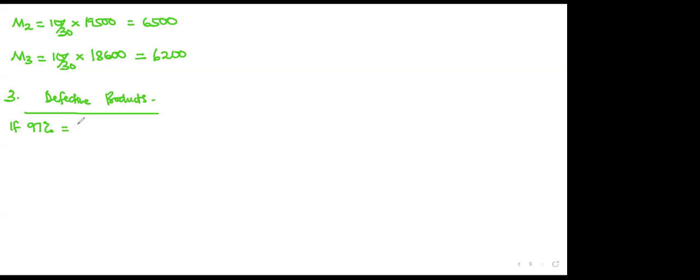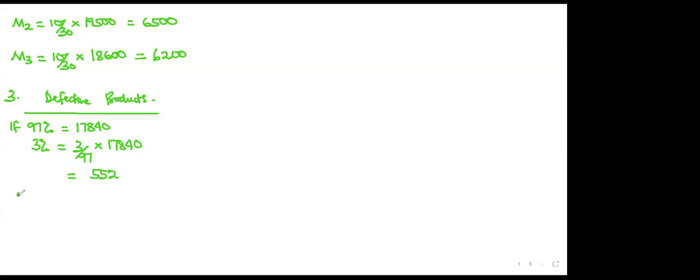If 97% is equal to 17,840, then 3% will be equal to what? 3 over 97 times 17,840. Is that right? Yes, sir. Calculate that. 551.75, so that's 552 defective products.